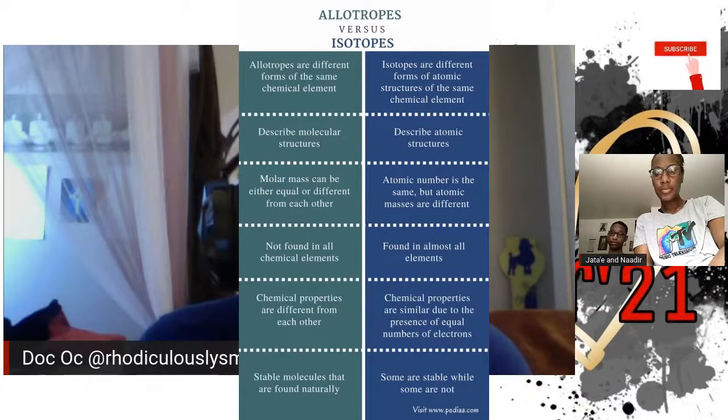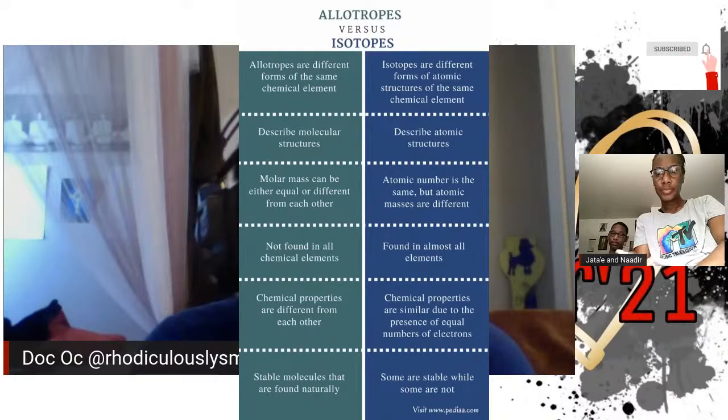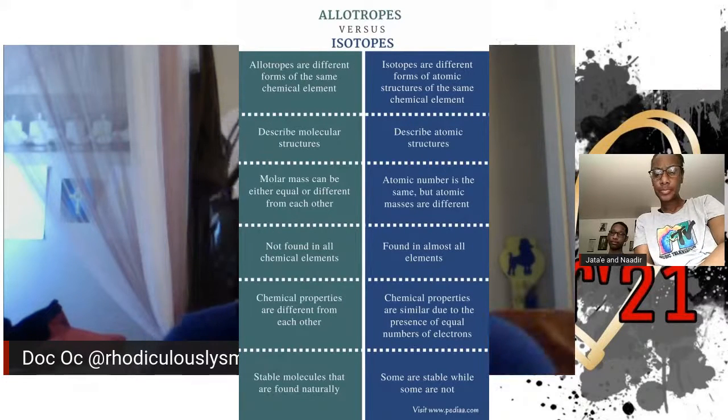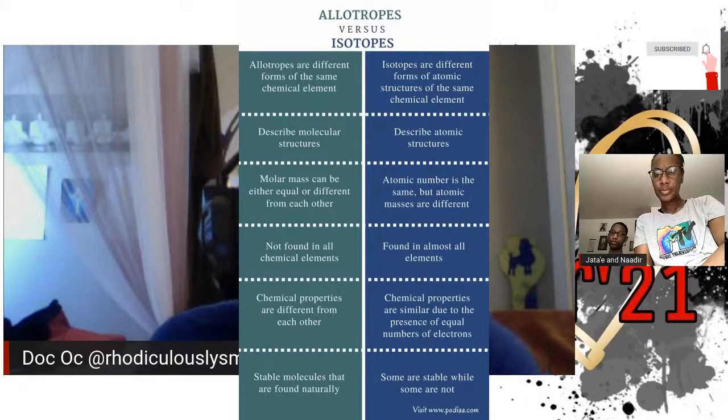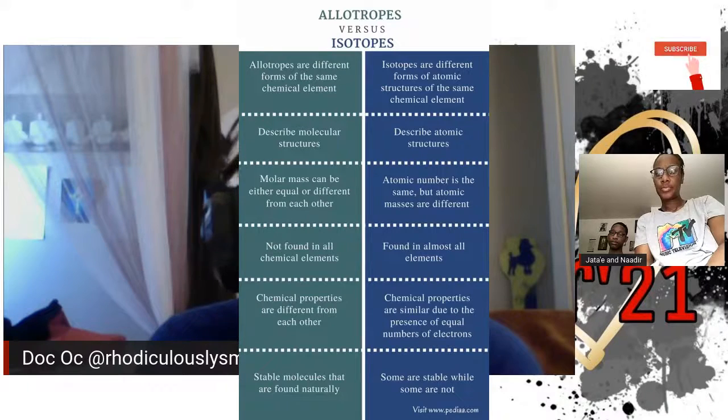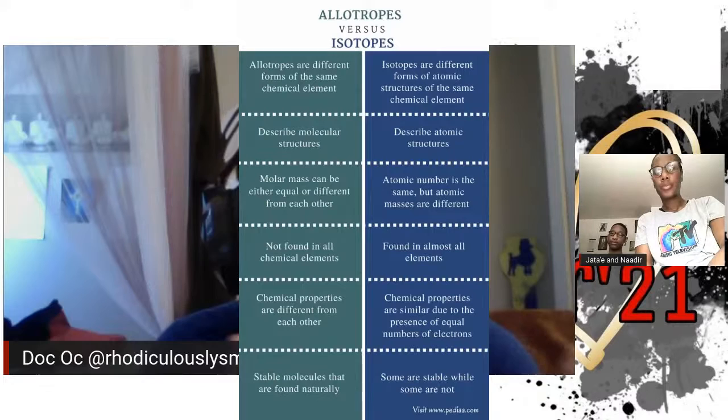For the isotopes, some are stable and some are not, but allotropes are all going to be stable. If an allotrope is unstable, you wouldn't find it naturally. You would have to create a certain condition or experiment that would make an allotrope form and remain stable.